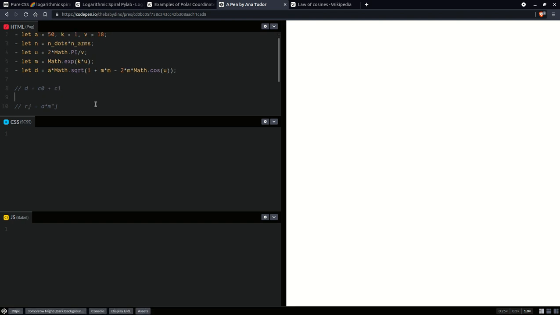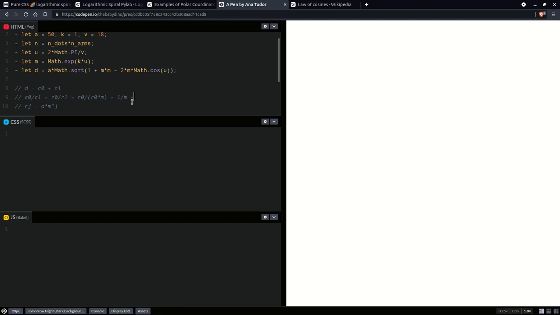Now we also have the fact that C0 over C1 is R0 over R1, okay? But we already know R0 over R1 because R1 is R0 times M. So it's R0 over R0 times M. So basically this is 1 over M, okay?